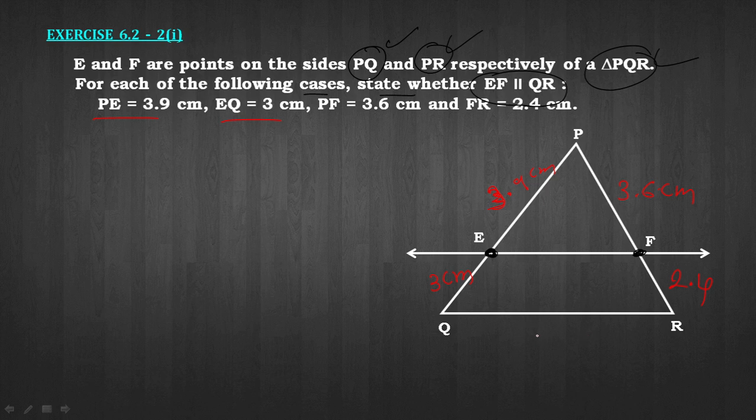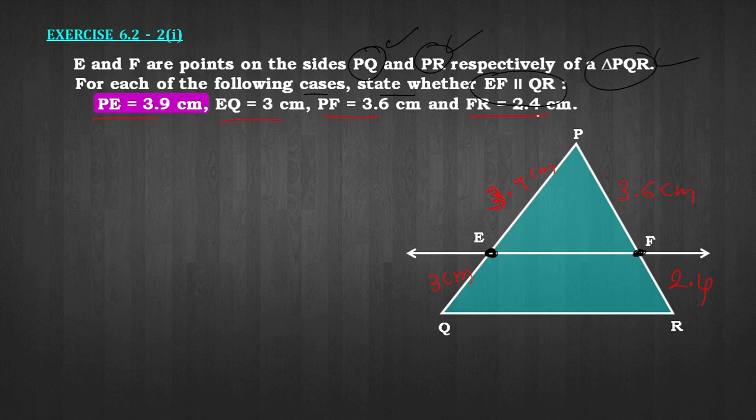These are the given things in the question. In triangle PQR, E and F are the points on the sides PQ and PR respectively. State whether EF is parallel to QR or not.